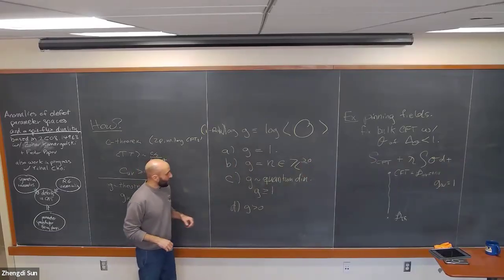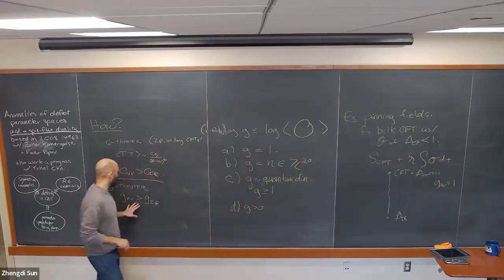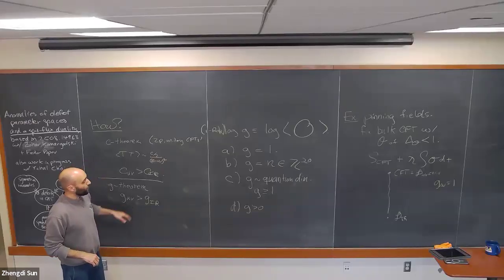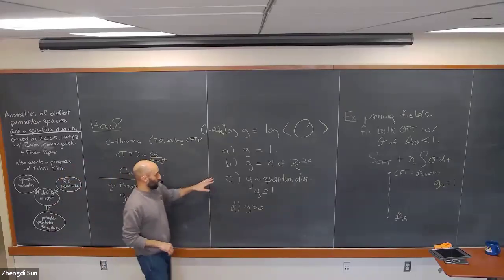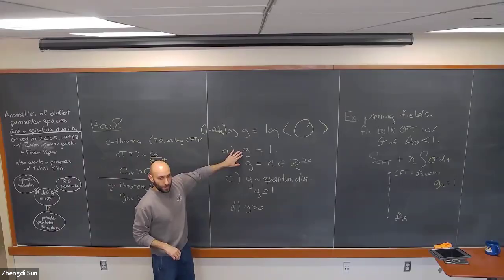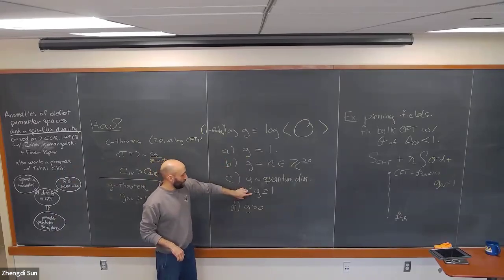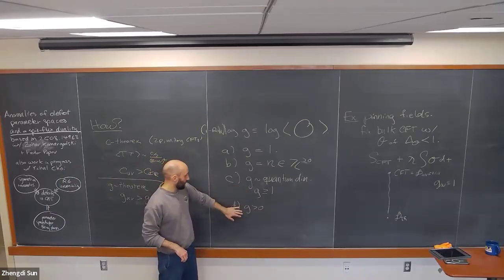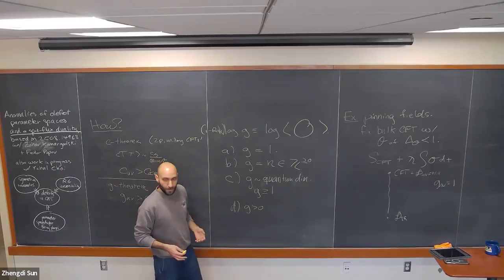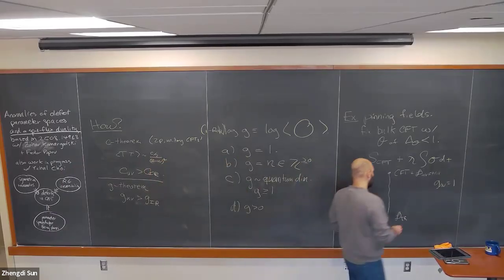So for example, it's a strict inequality, and therefore it immediately tells you that G equals 1 is ruled out because G UV was 1. Similarly, the decoupled scenario is ruled out, and also the scenario where it becomes topological in the IR is also ruled out. And the only possibility is that it basically becomes a conformal line defect at long distances.